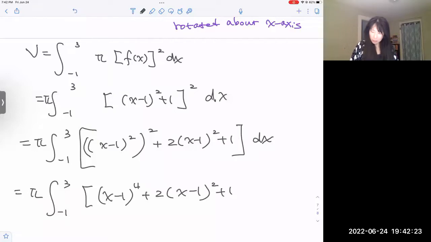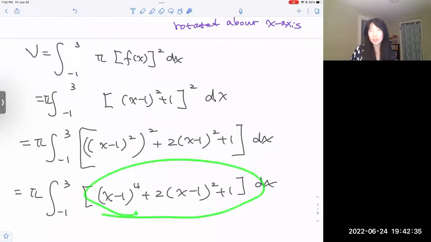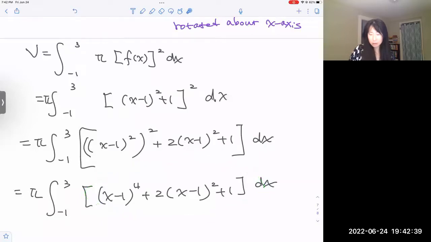Okay. I think we can integrate from here. We don't need more algebra work. Just using the power rule, right? And term by term, we can do that. Okay, let us do this.